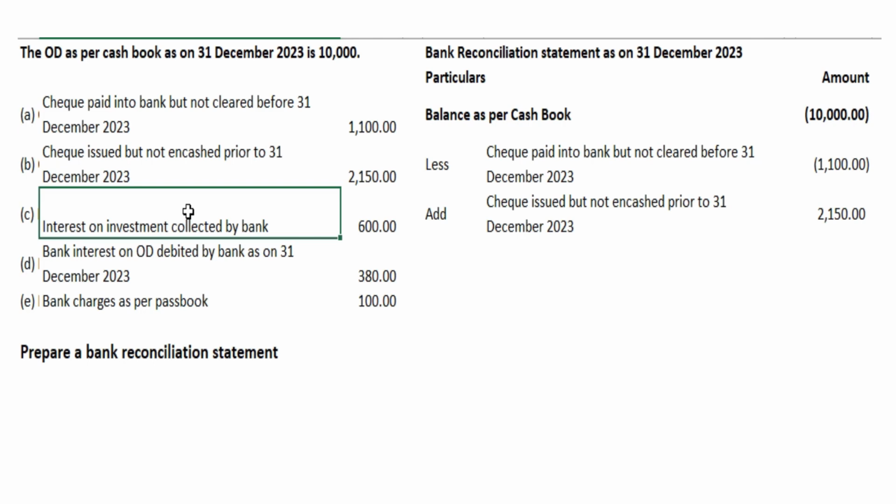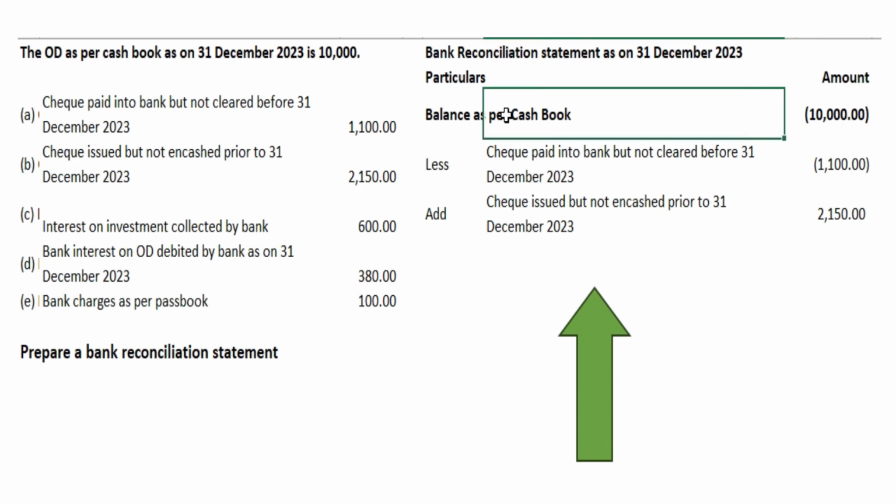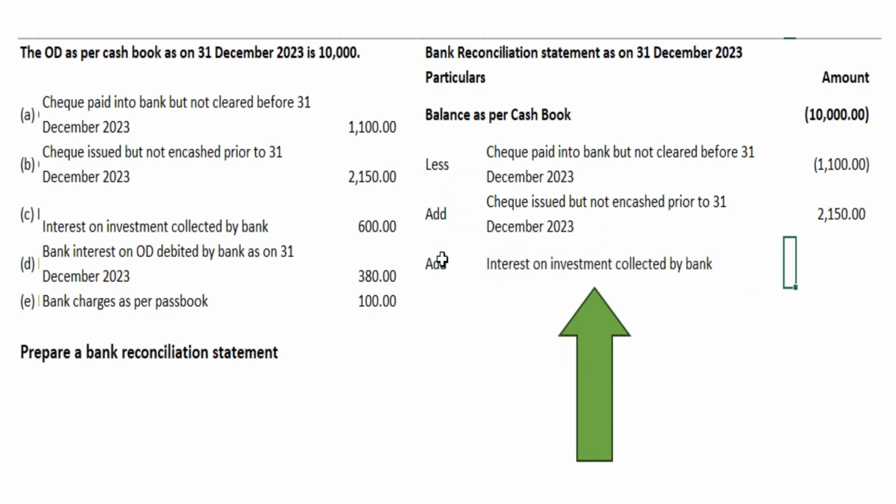We start with balance as per accountant's record and need to get the balance as per bank. For that, we need to do what the bank has done. Bank increased our balance, so we need to increase.